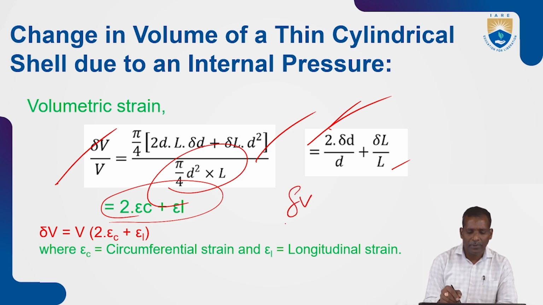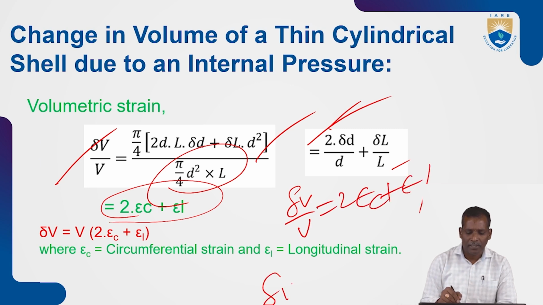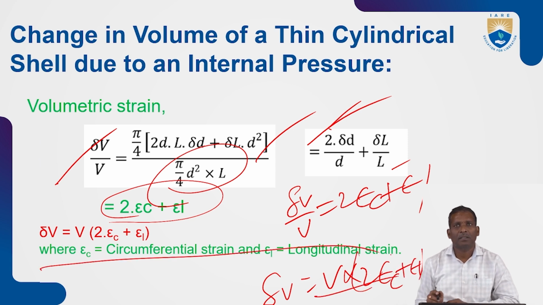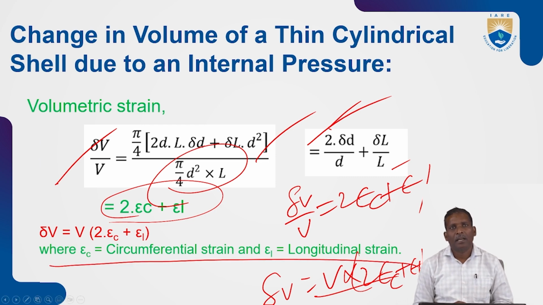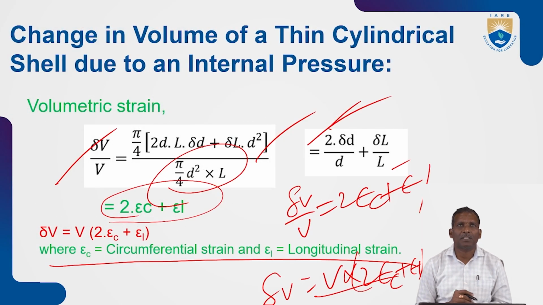So delta V by V is equal to 2 epsilon C plus epsilon L, where epsilon C is the circumferential strain and epsilon L is the longitudinal strain. This is the change in volume of a thin cylindrical shell due to an internal pressure.